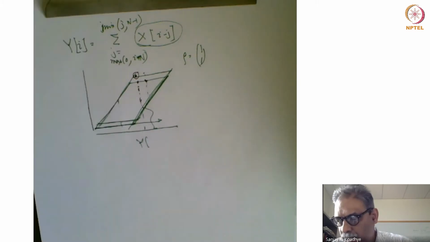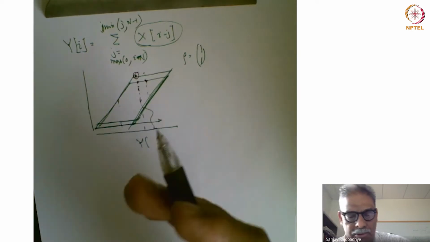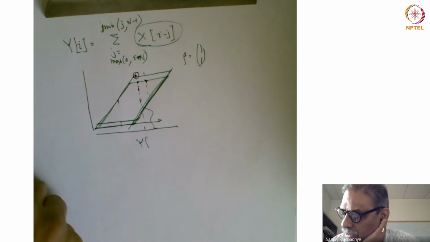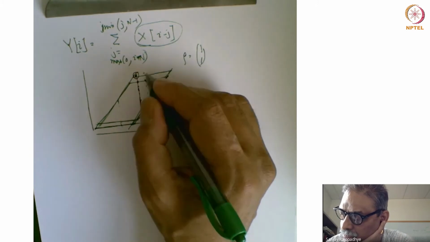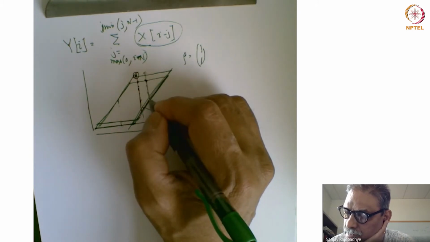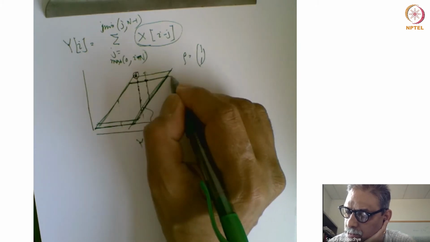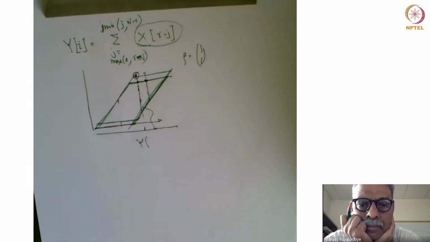When I shift, this is a point that is to be removed. It does not contribute anymore to the answer, right? This answer is the sum of all of these. This answer is the sum of all of these. But the upper bound is at n. So the left column has more points than the right column.